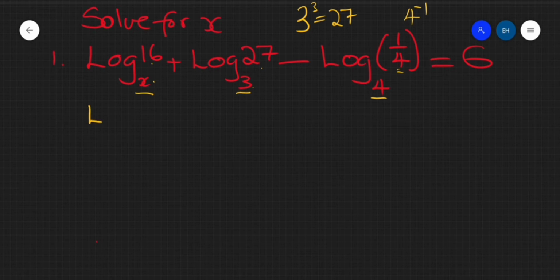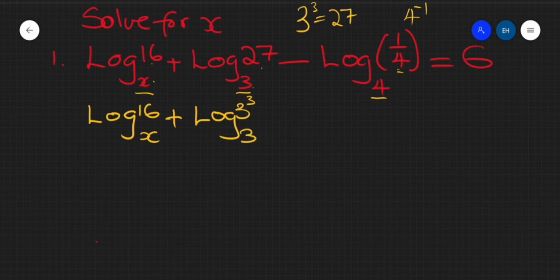So we have log 16 base x. I didn't touch this one because we don't know the relationship between 16 and x. Plus log 3 to the power 3 base 3, minus log 4 to the power negative 1 base 4, is equal to 6.